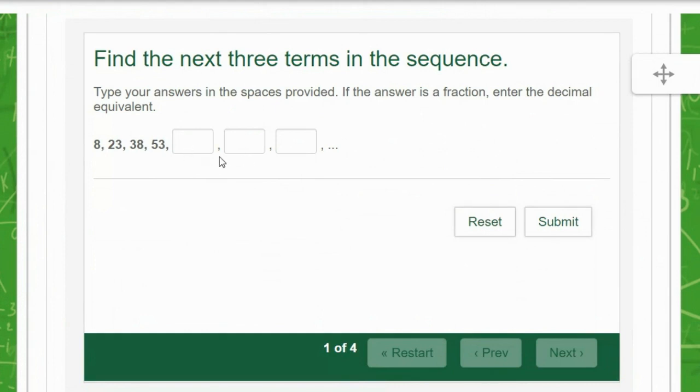What are the next 3 numbers of this arithmetic sequence? It starts with 8, 23, 38, 53, something else, and another something else. This is the classroom participation portion of our lesson today.